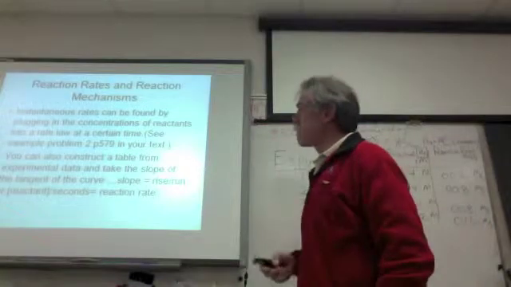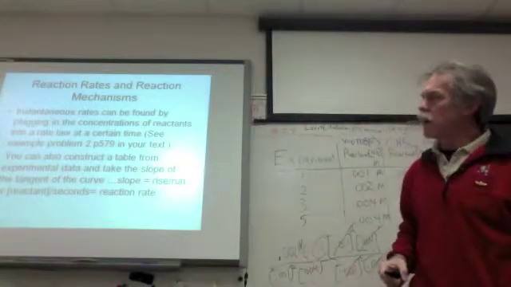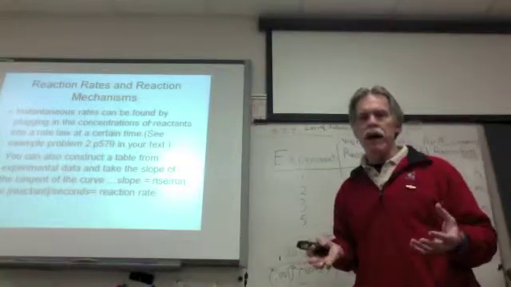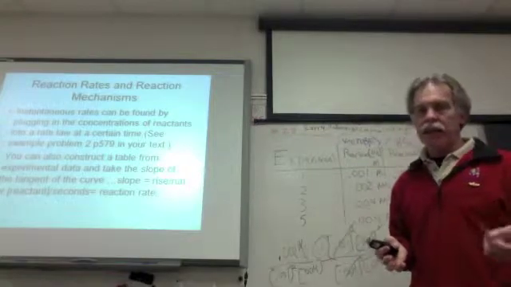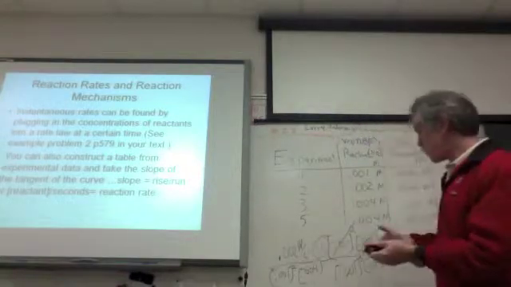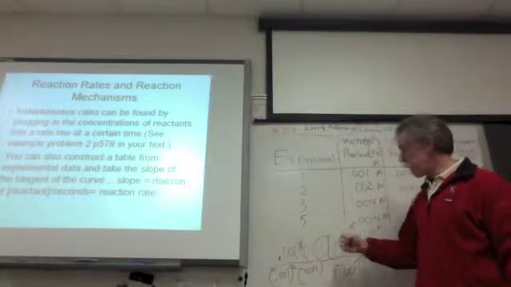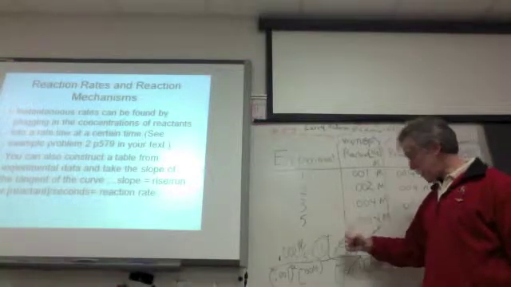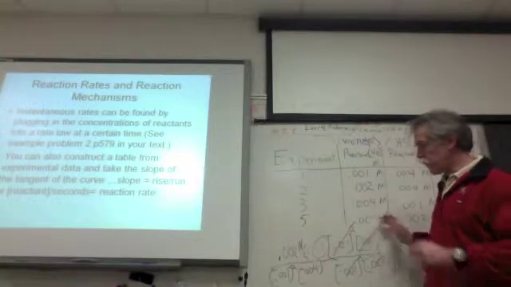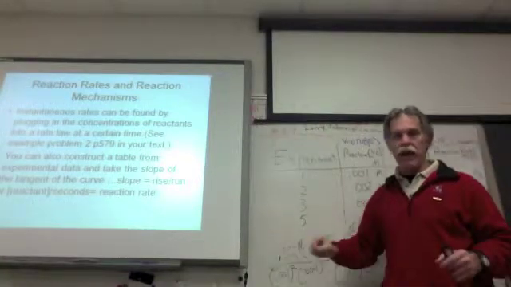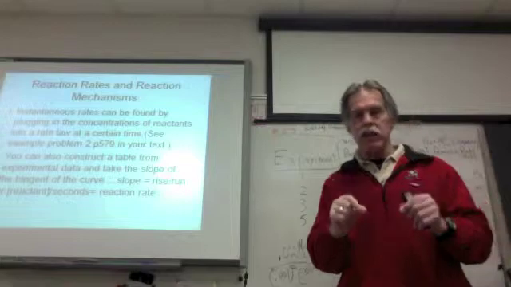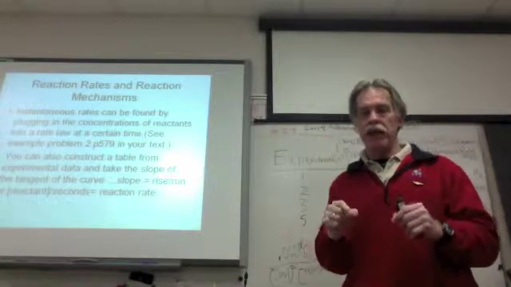Reaction rates and mechanisms. So there's two ways we can find instantaneous reaction rate, and we just went over one of them, and that is to actually have the rate law and plug in the K value, the reactant 1 and the reactant 2, and solve for the actual rate. And that gives you the rate at any one time, called the instantaneous reaction rate.